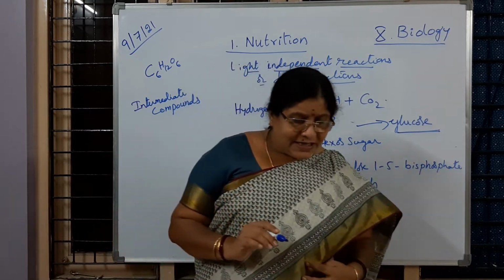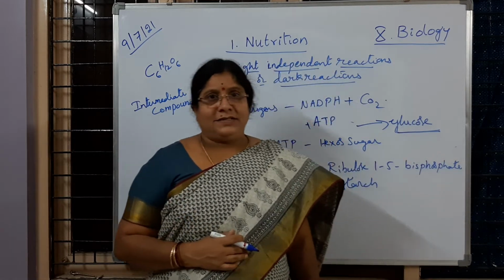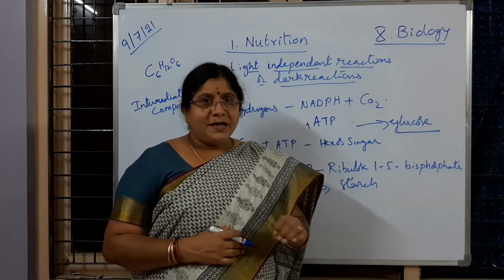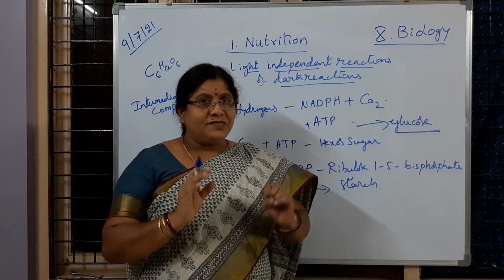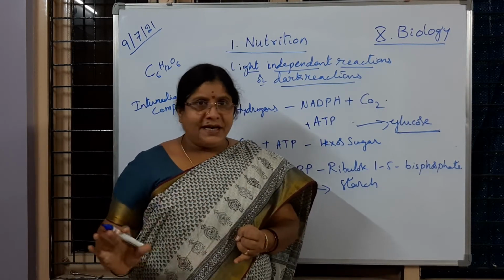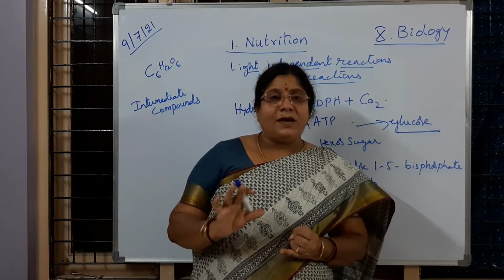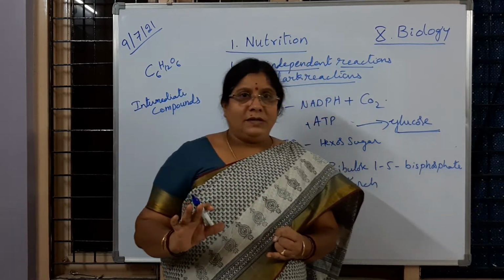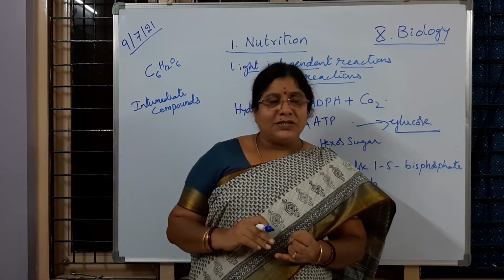So that is the reason for the requirement of light and other factors. Is it clear? I hope you understood. Light is needed, no doubt. 100% solar energy is needed for plants to survive and to prepare food by photosynthesis.